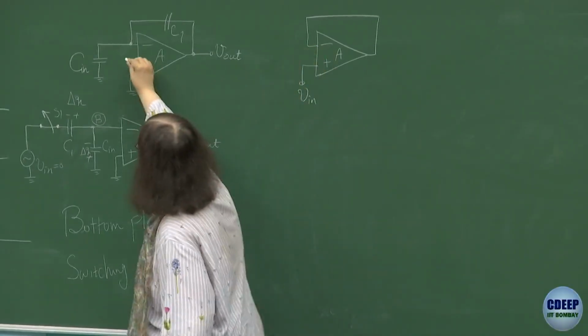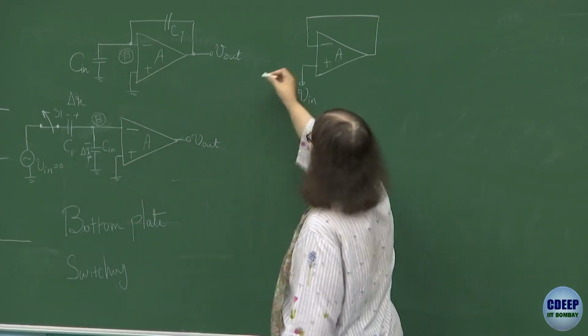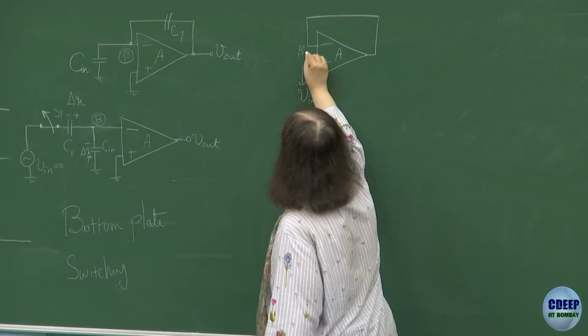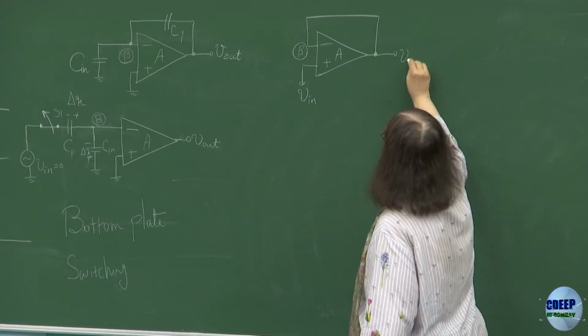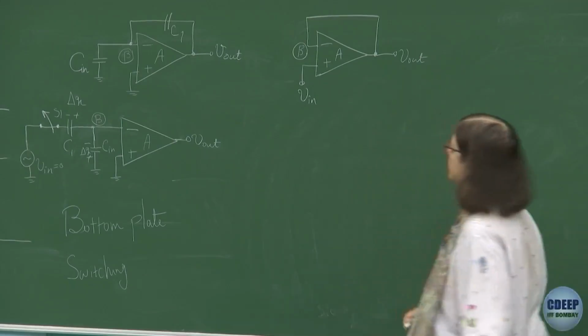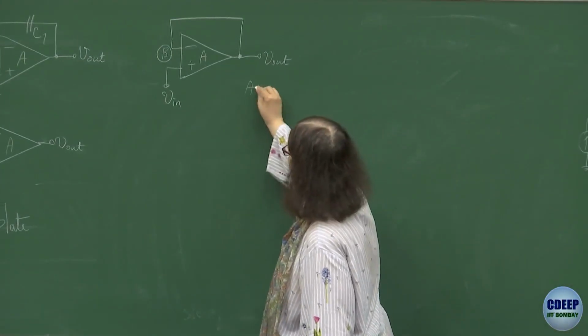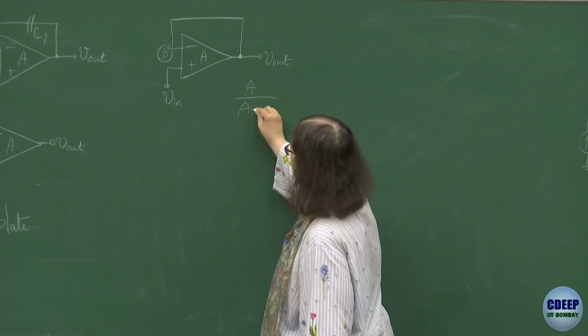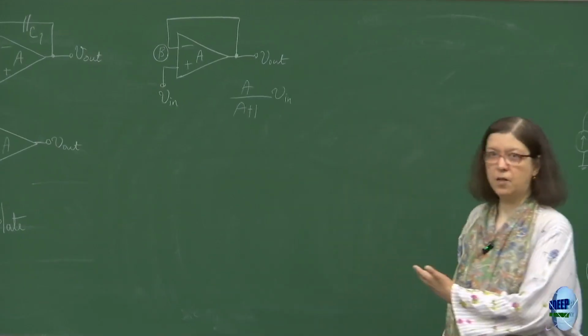So it's the same node B. This is the discrete-time equivalent of this circuit. If you remember, it is A upon A plus 1 multiplied by V. Instead of 1, you will get that.